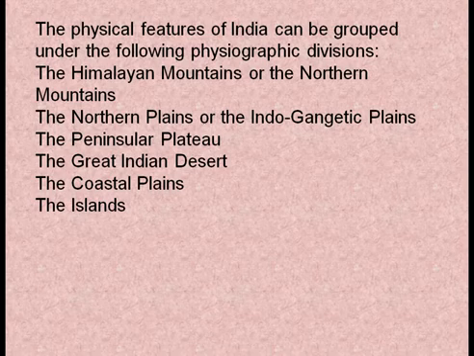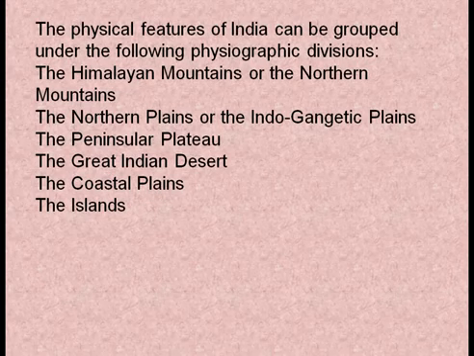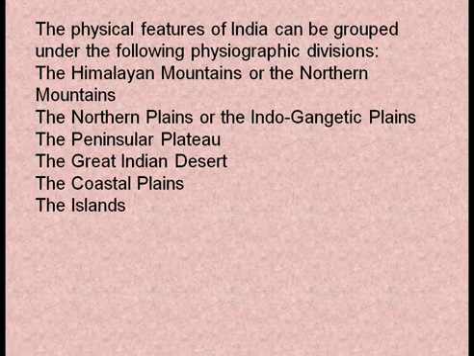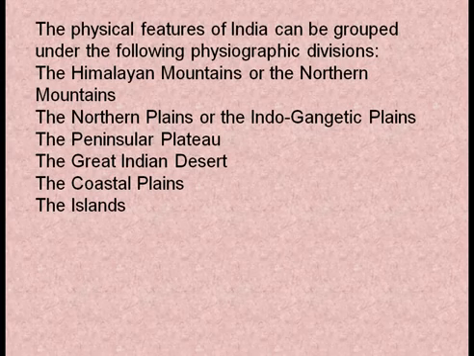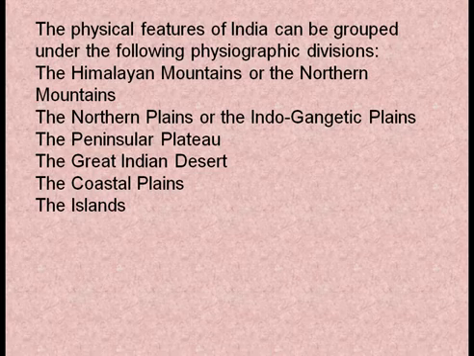The Himalaya mountain, which we also call the northern mountain because it is situated in the north part of our country. Northern plain, which can also be called the Indo-Gangetic plain. Peninsular plateau, the Great Indian Desert, which is also known as Thar Desert, the coastal plain and the islands.